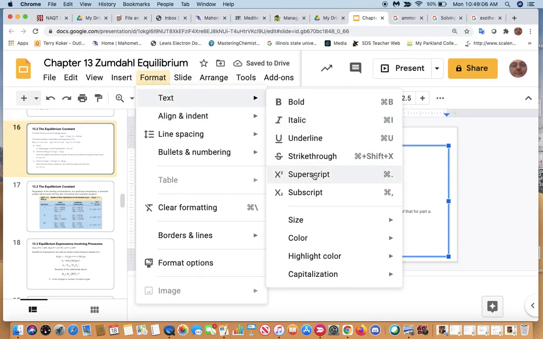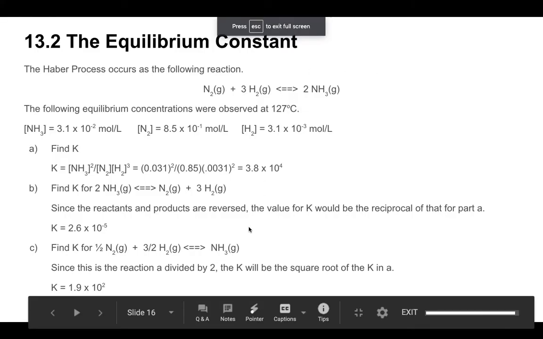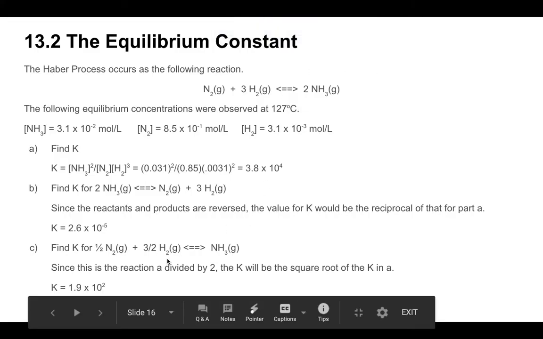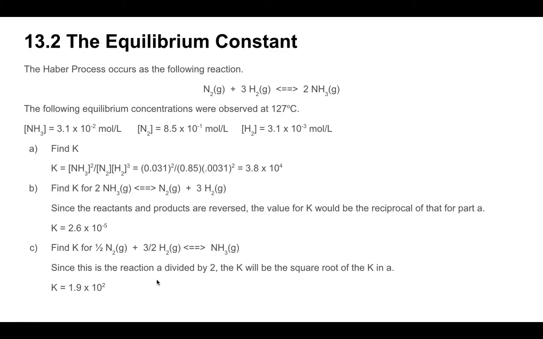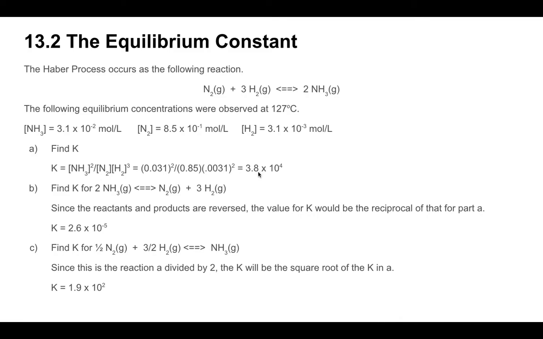I'm going to call this 1.9 times 10 to the 2nd. Okay, so fixing things on the fly. 1.9 times 10 to the 2nd is the square root of 3.8 times 10 to the 4th. So fixed it.